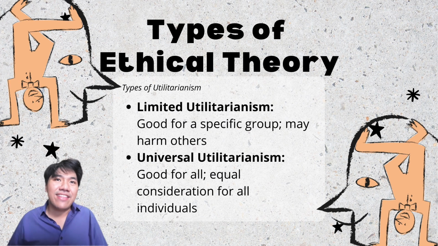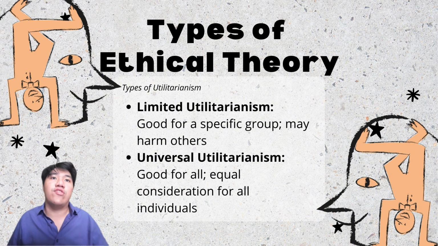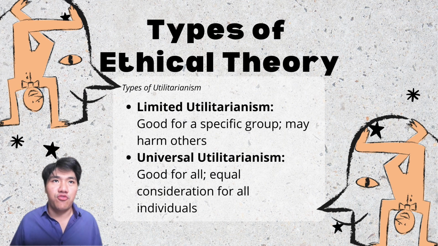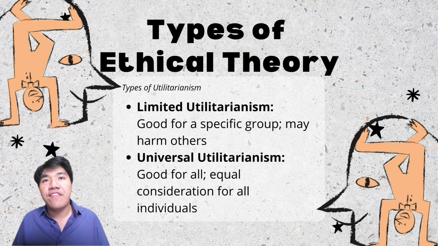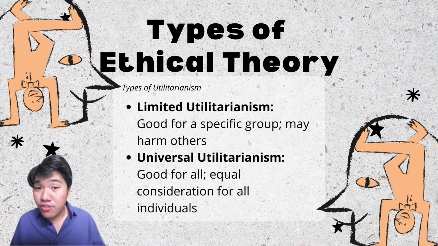Sa limited utilitarianism, this form of utilitarianism maximizes the good for a specific interest group or sector sa society, like a family, association, or a religious group. However, it may result in making other groups worse off. This version is often practiced by specific interest groups sa society.